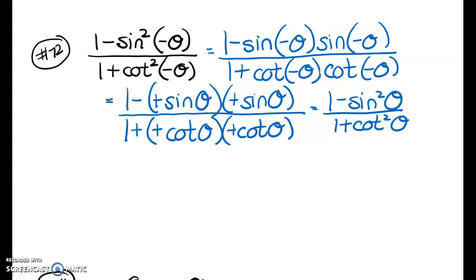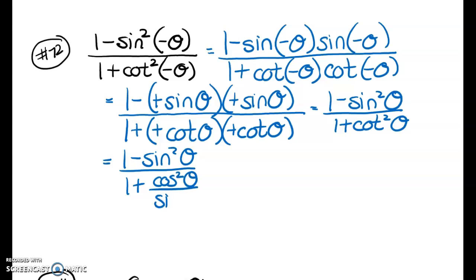So now I'm going to go ahead and replace cotangent with cosine over sine. So this is going to be cosine squared of theta over sine squared of theta. And then I'm going to go ahead and find a common denominator here.